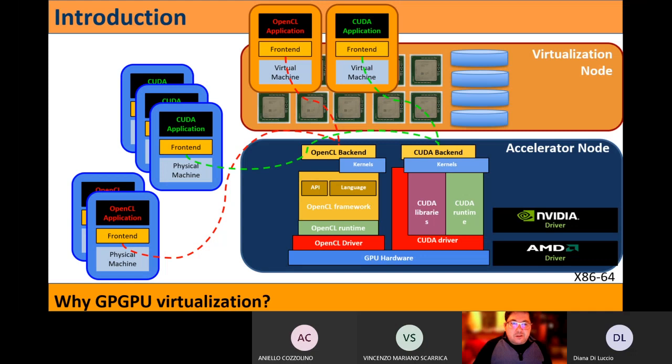The last thing to be noticed in this slide that is remarkable is that we can have both virtualization nodes, and so virtual machines running on virtualization nodes that use the acceleration and offload code on an acceleration node, but even remote machines that are actually physical machines, not virtual machines, that could offload computation on the accelerator node.